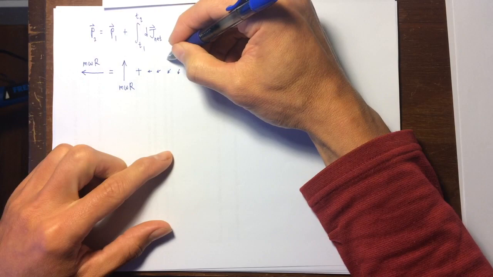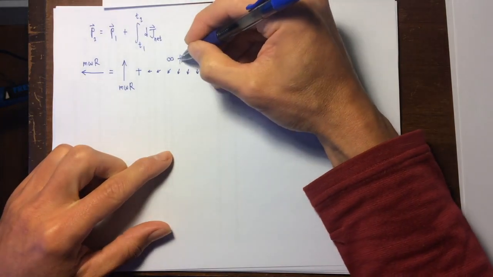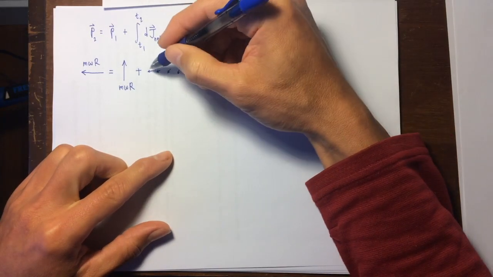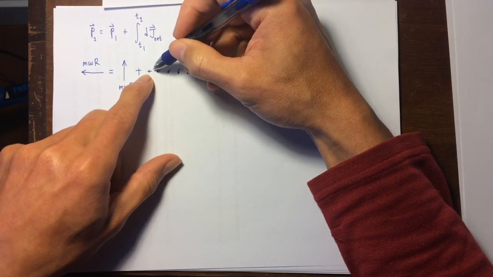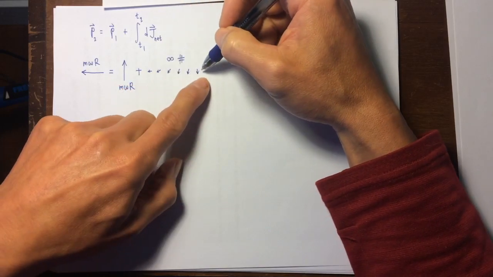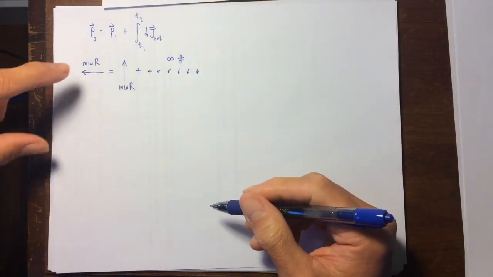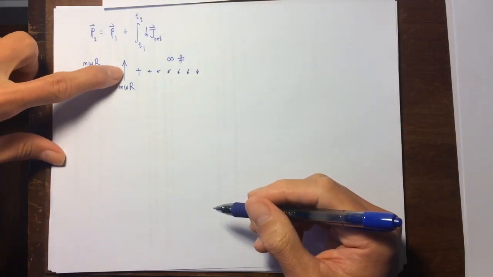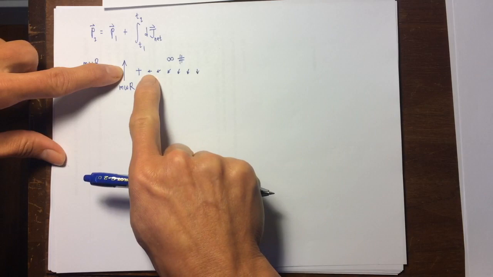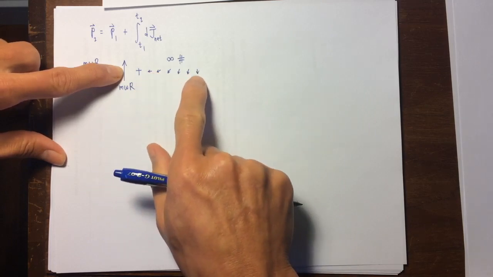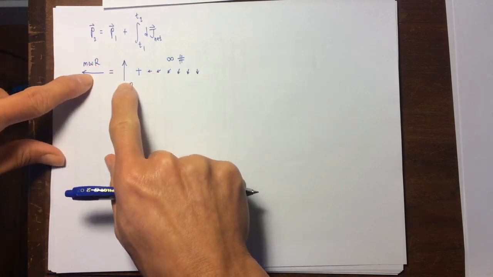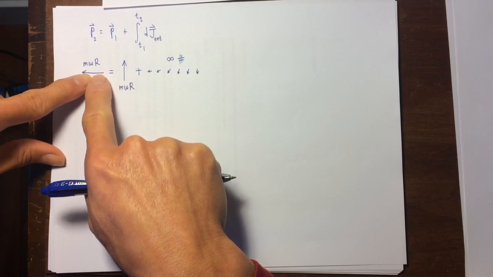But really, it's an infinite number of them, right? Infinitesimally small, but an infinite number of them. That's the calculus limit. So what I'd like to show you is if I take this vector and then add all of these little vectors to it, I'm going to end up with this last vector.